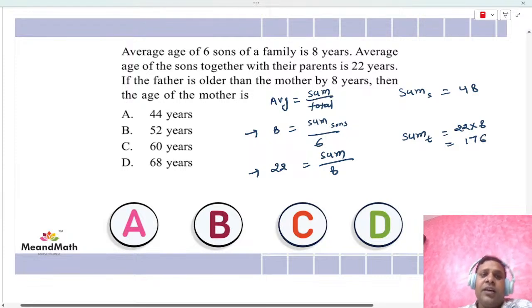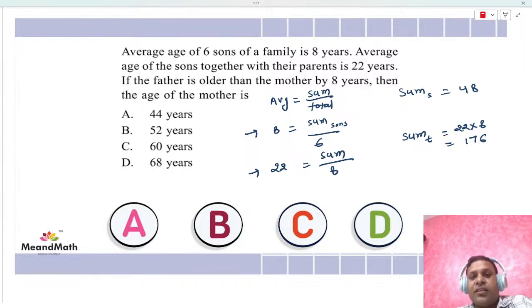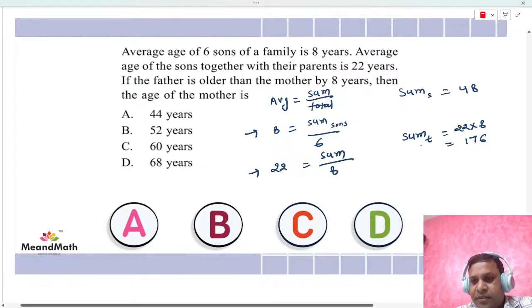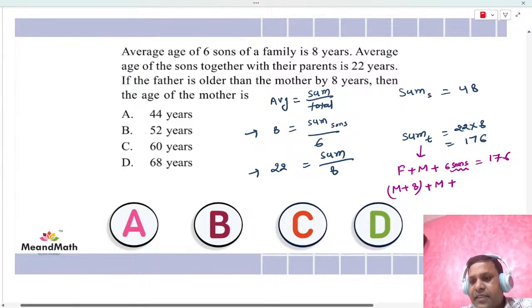Now, in the last part, the father is older than the mother by 8 years. So if we break it up, father plus mother plus 6 sons is equal to 176. Father is the mother's age plus 8 years, plus mother's age, plus the total age of the 6 sons, which is 48, is equal to 176.